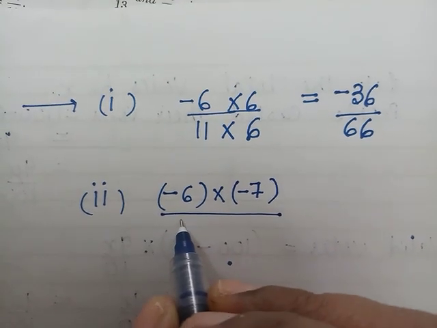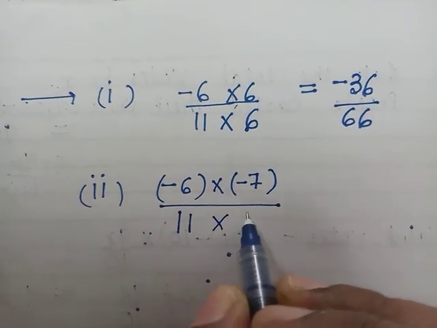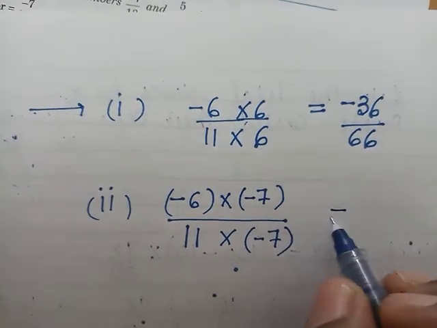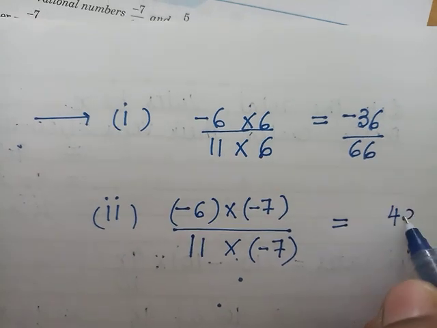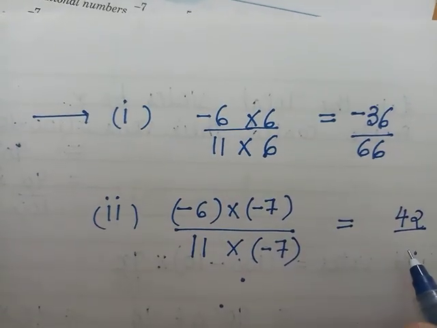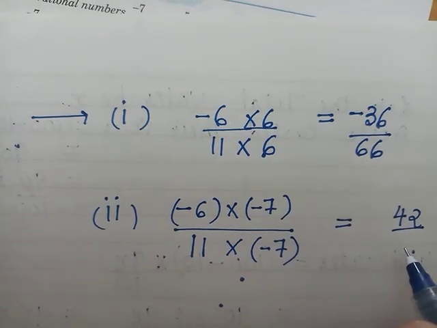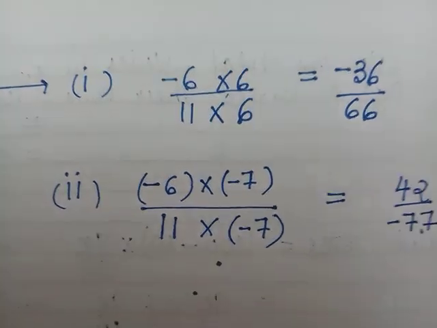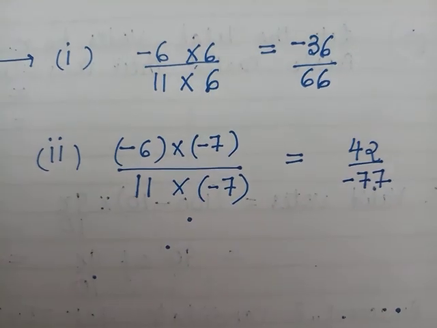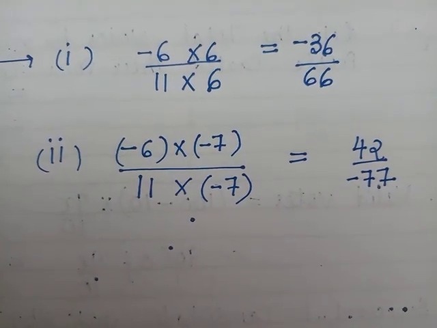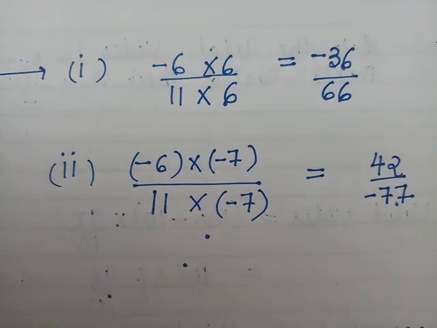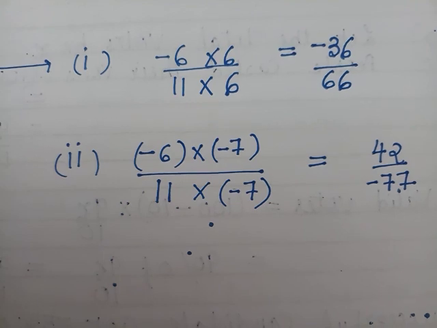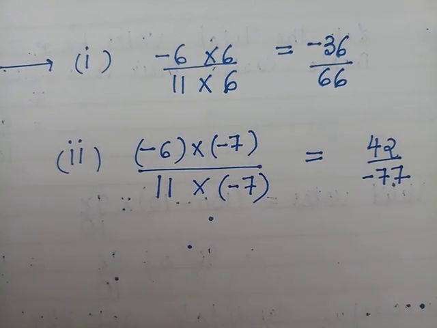So if we multiply by minus 7 in the numerator, we multiply by minus 7 in the denominator as well. 6 sevens are 42, and minus will become plus. 11 into 7 will give you 77, and one negative sign, that is minus 77. So what answer did we get for question number 10? As required, in the first part we were looking for minus 36 in the numerator, and in the second part we were looking for 42 in the numerator.